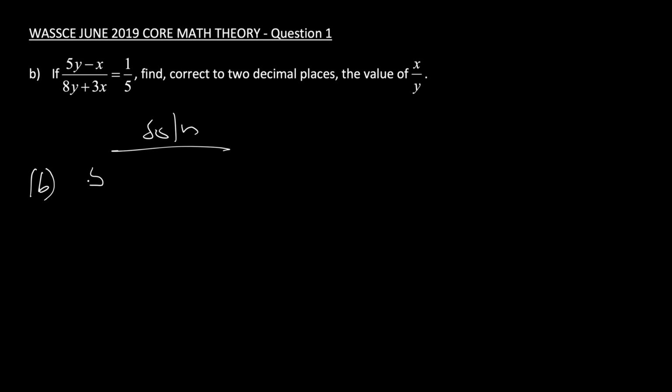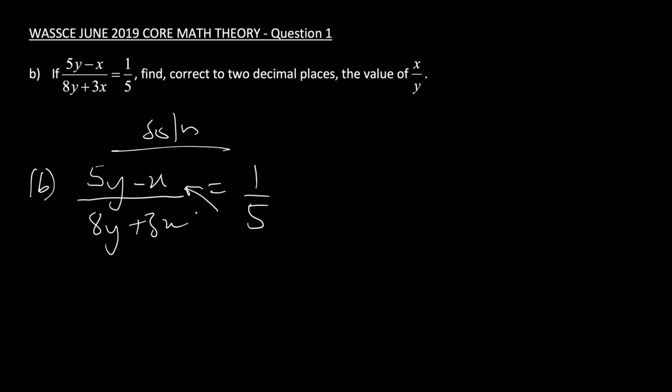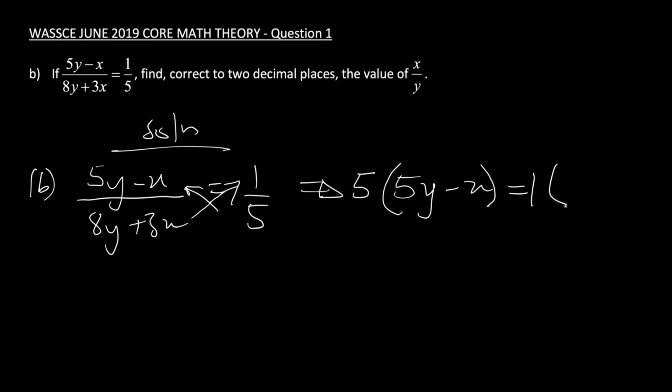We have 5y minus x divided by 8y plus 3x is equal to 1 over 5. So we can cross multiply. This multiplies this, this multiplies this. Now we will have 5 multiplying the expression 5y minus x is equal to 1 multiplying the expression 8y plus 3x.